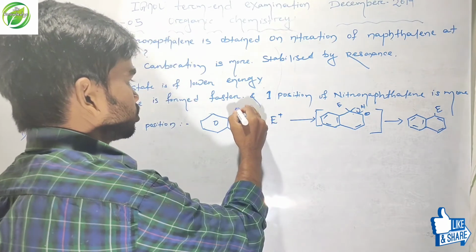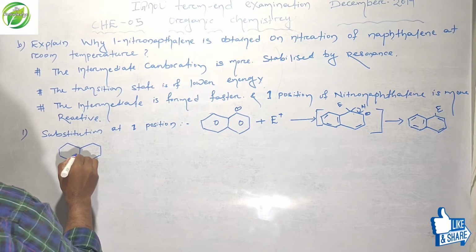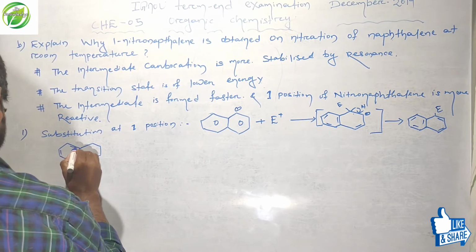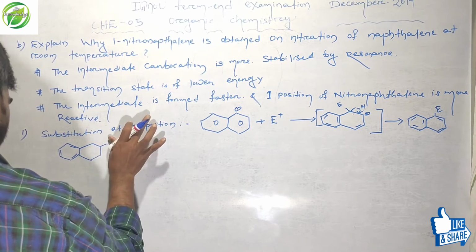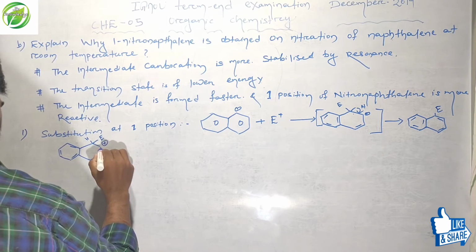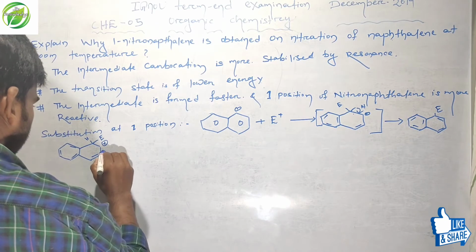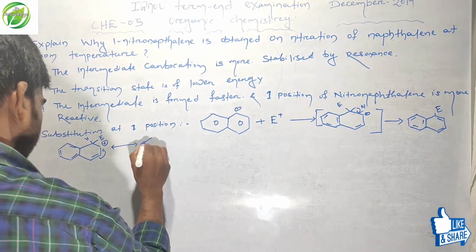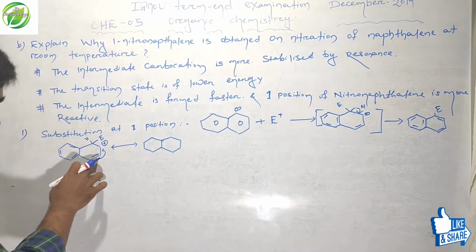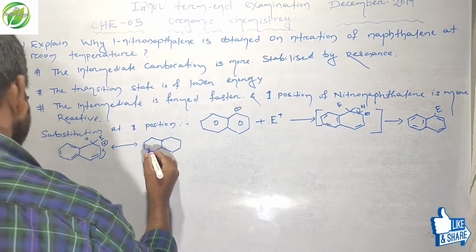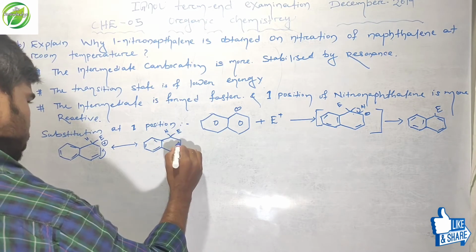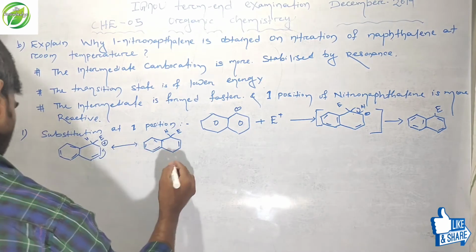This is the first position. The next resonance: this pi bond shifts to this position, and a pi bond is formed in this position and the positive charge comes to this position.